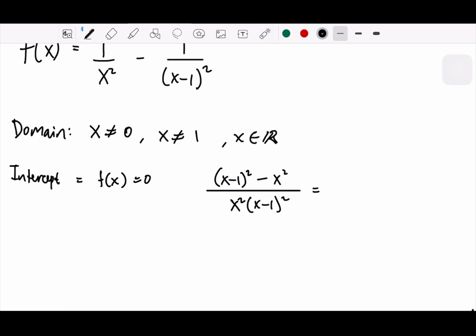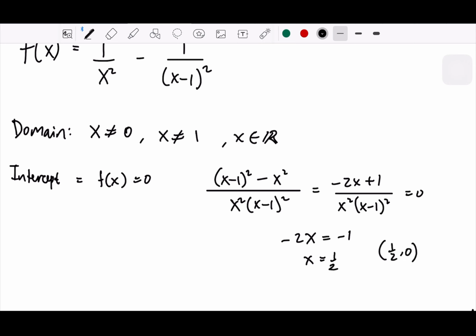The x squared will be cancelled, so it's negative 2x plus 1, so negative 2x is equal to negative 1, so x equals half. So at (half, 0), this will be an intercept. And there is no intercept when x equals 0 because it will be undefined.